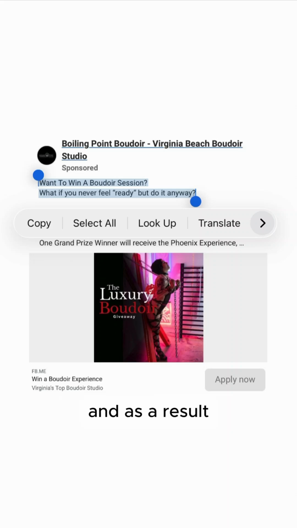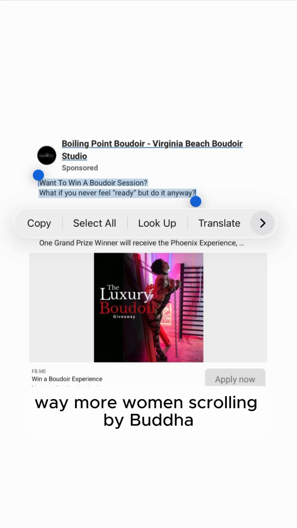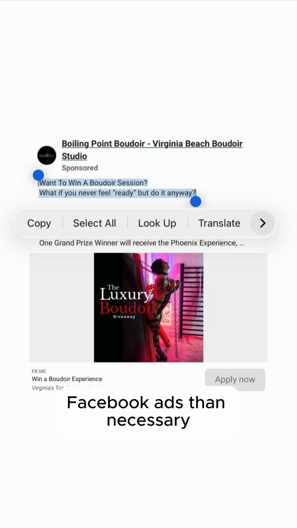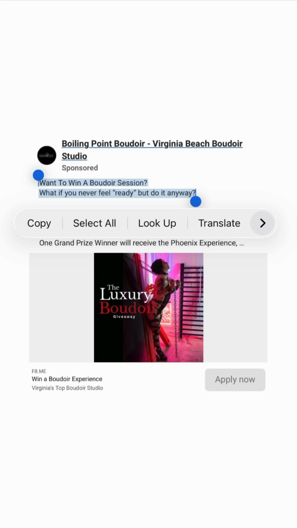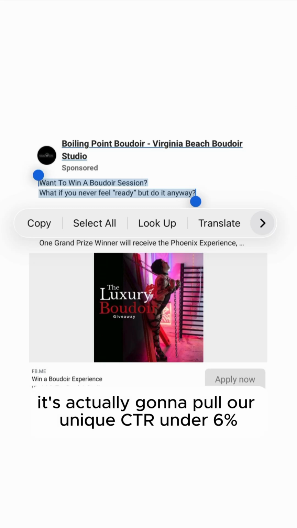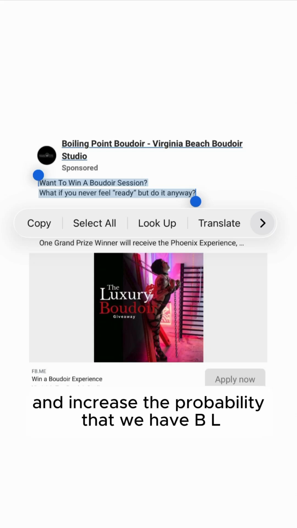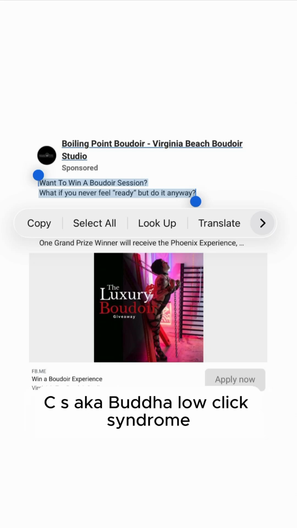As a result, we're going to have way, way, way more women scrolling by our Boudoir Facebook ads than necessary, and it's going to pull our unique CTR under 6% and increase the probability that we have BLCS, aka Boudoir low click syndrome.